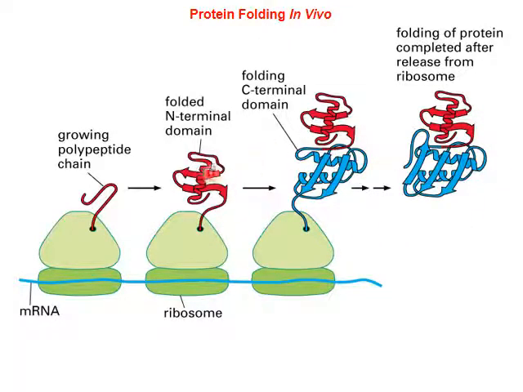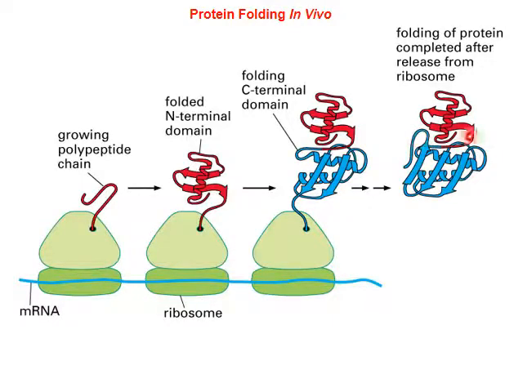But often there could be a requirement where some of the components that haven't even been made yet have to interact with a previously existing domain in such a way that if it's folded in this manner, there's going to be some misfolded regions. It has to be denatured a little bit and refolded.